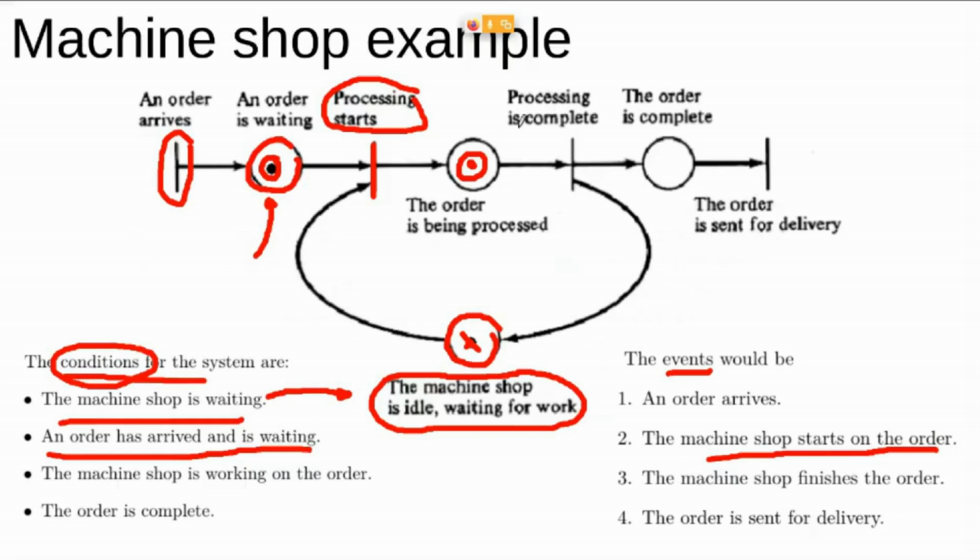Once the processing is complete, then obviously the machine will be idle again and the token will appear here, and then this token will appear here because the order is complete. And then at any moment when the order is complete, the order can be sent for delivery. So that's the first representation of the machine shop example.